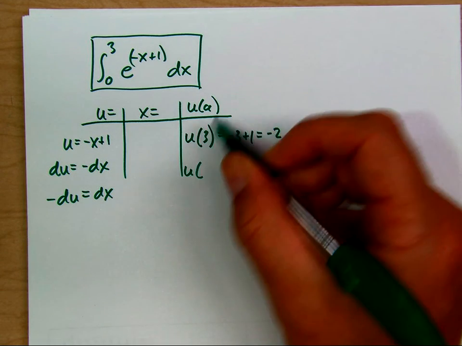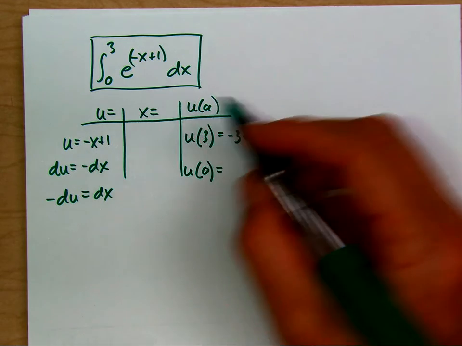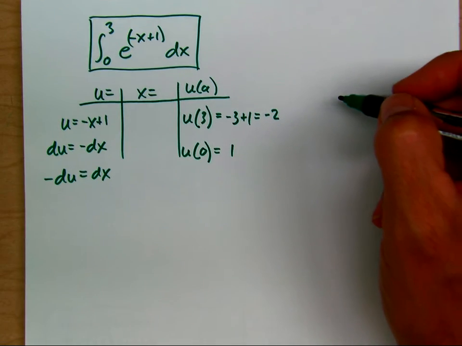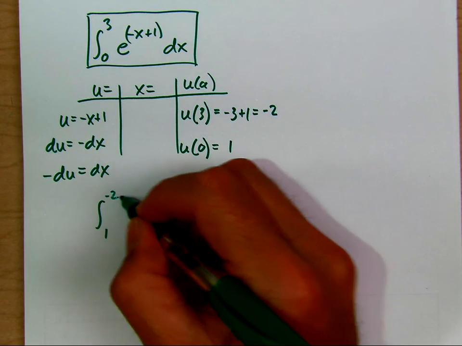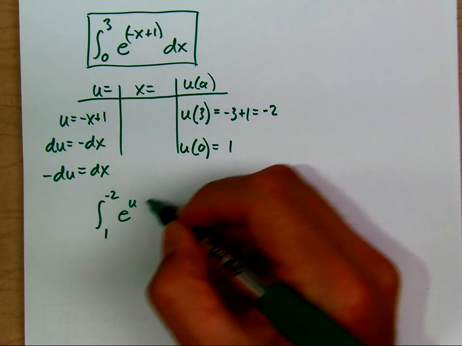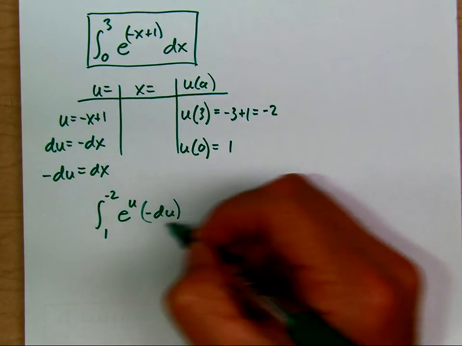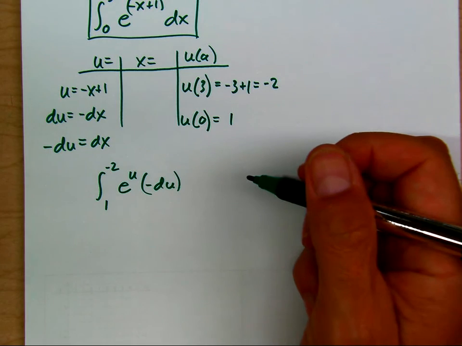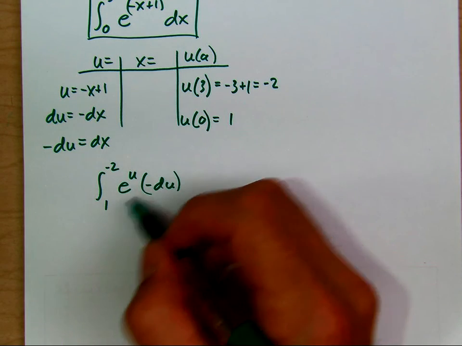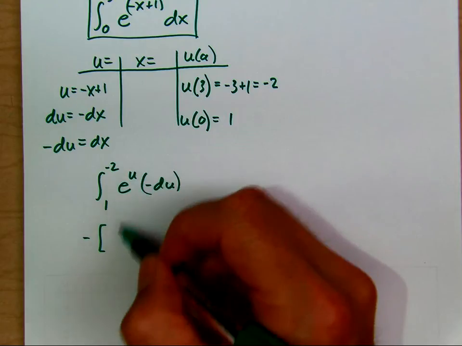U evaluated at 0 is 0 plus 1. From 1 to negative 2, e to the u, dx is negative du. So we'll have a negative e to the u. The antiderivative is e to the u.